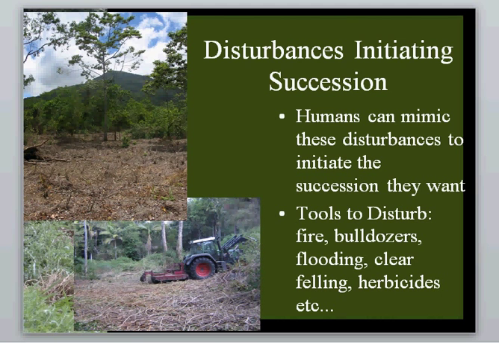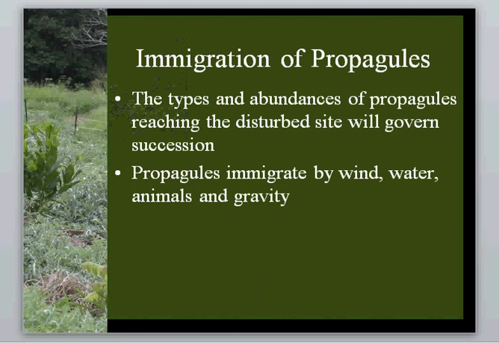The second way in which we can manipulate succession is through immigration of propagules. So what are propagules? Propagules are seeds and seedlings or pieces of root or so on, anything which will generate a new individual of a species.